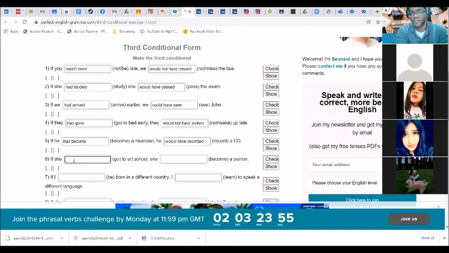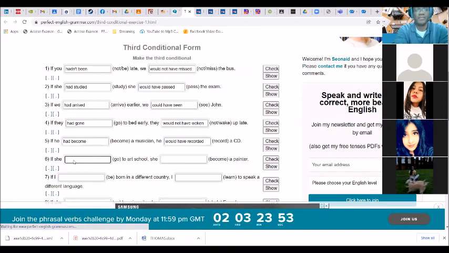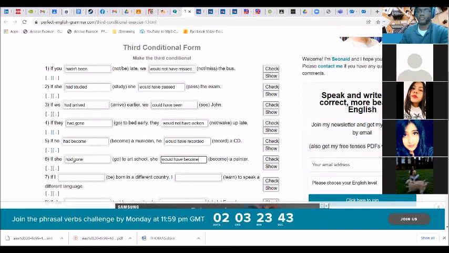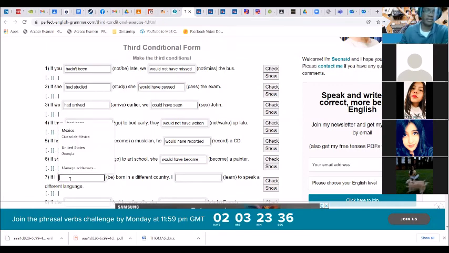If she had gone to art school, she would have become a painter. All right. Diana Laura, number 7.